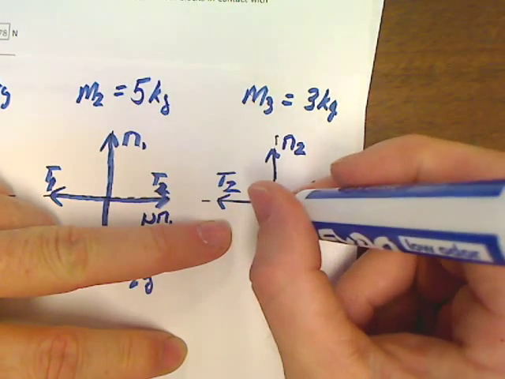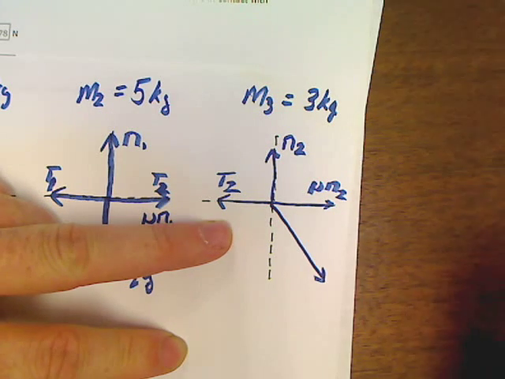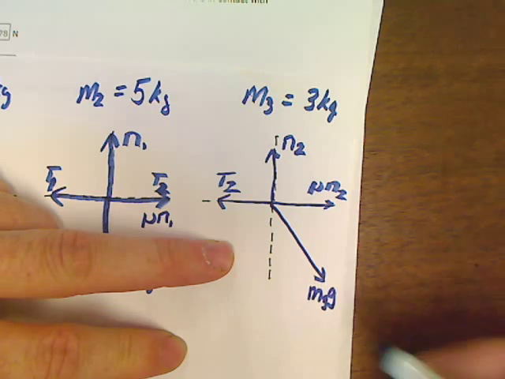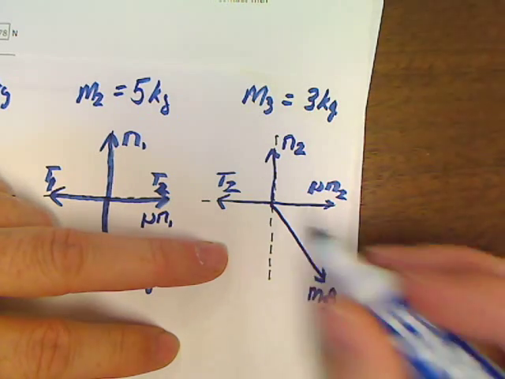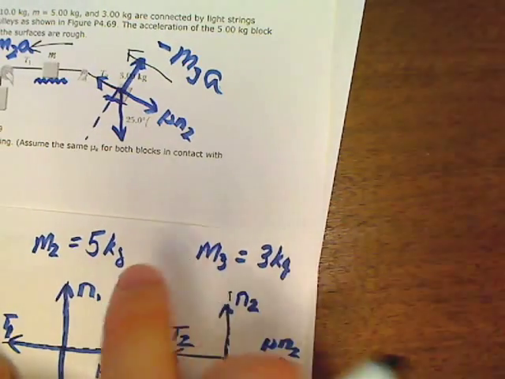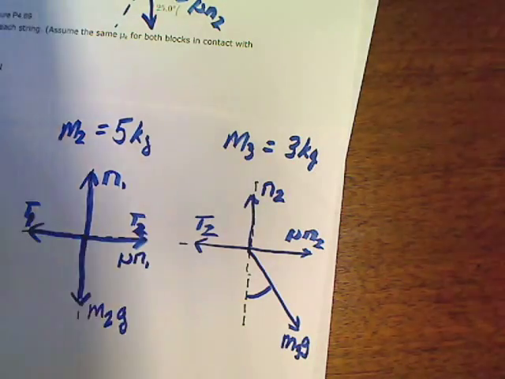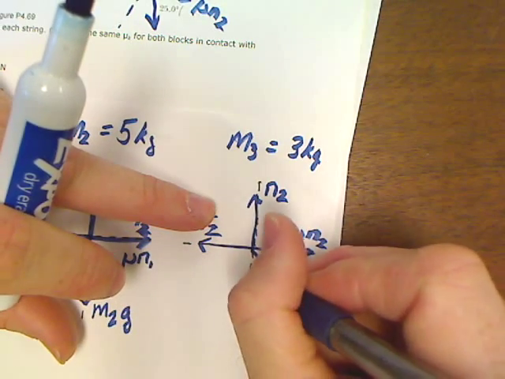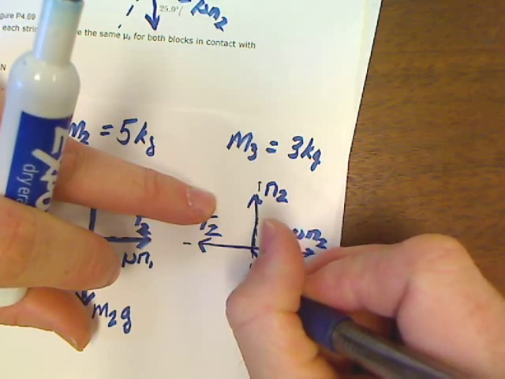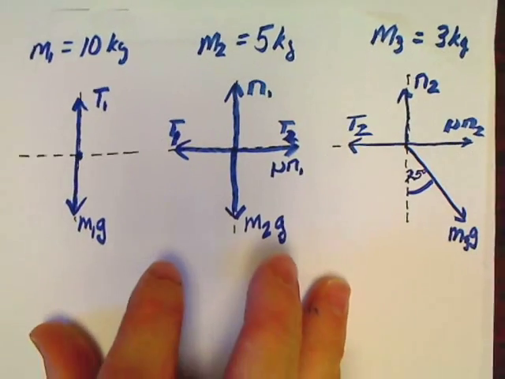And then there's also going to be an M3G. But M3G is at an angle of, let's see if I can read this, 25 degrees. 25 degrees is my angle. Holy cow. There it is.